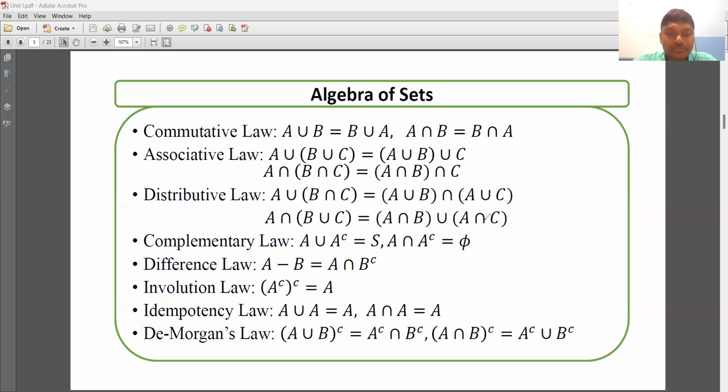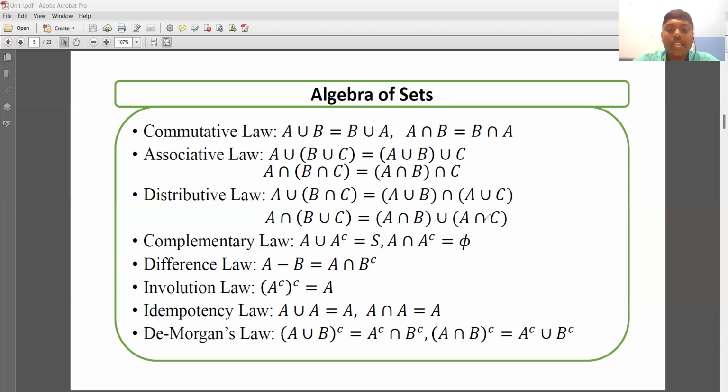The complement of A is nothing but the relative difference of the universal set with A. So if I take the union of the set with its complement, it will give the universal set S. And also we know that there is no common element between the set and its complement.